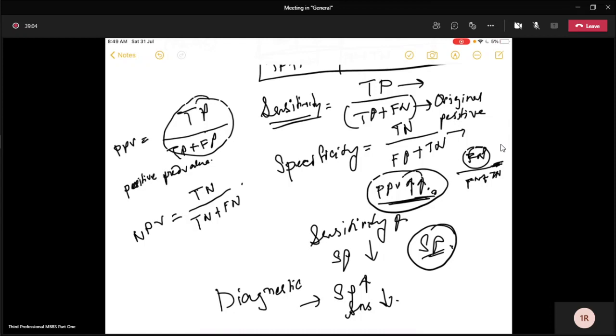But in that way it may produce many false negatives too. But we are not interested in false negatives in a diagnostic test, because we do it for diagnosis, we do it for excluding the other diseases, right? So this is the difference between a diagnostic test and a screening test. A screening test will be capturing all true positives, a diagnostic test will be capturing all true negatives.